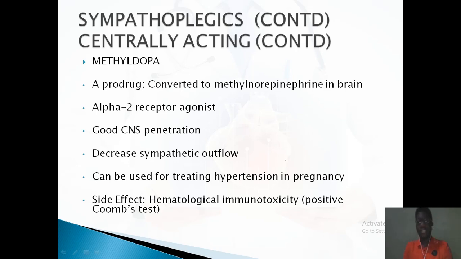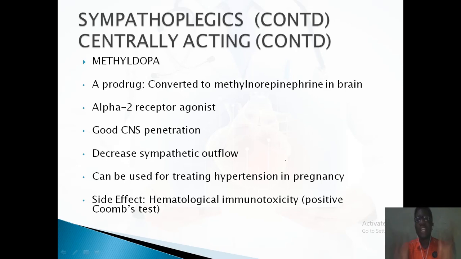So methyldopa is a typical example of a prodrug, converted to methylnorepinephrine in the brain. Then it moves to the alpha-2 receptors in the brainstem, the NTS, nucleus of the tractus solitarius. Of course, it has good CNS penetration like clonidine, and decreases sympathetic outflow also like clonidine.